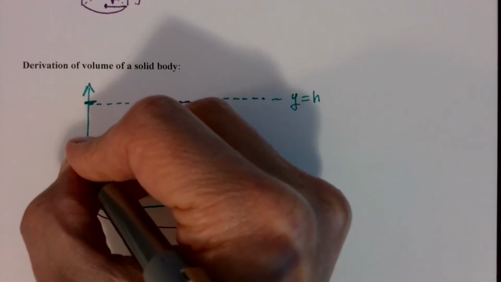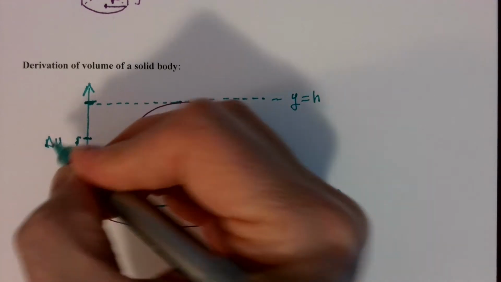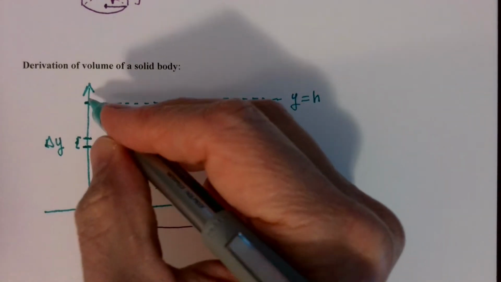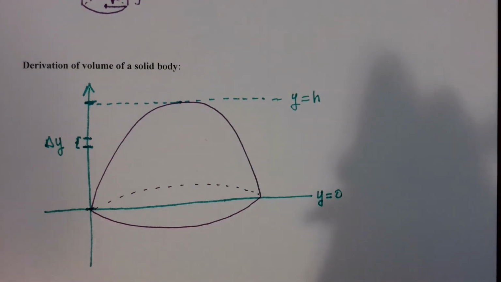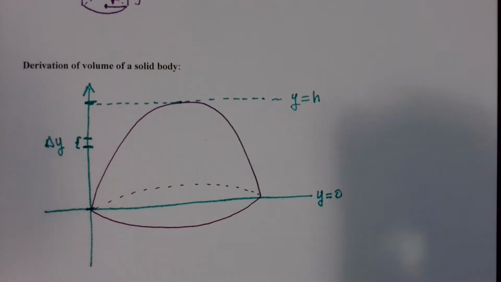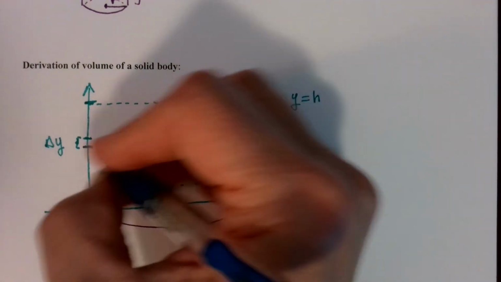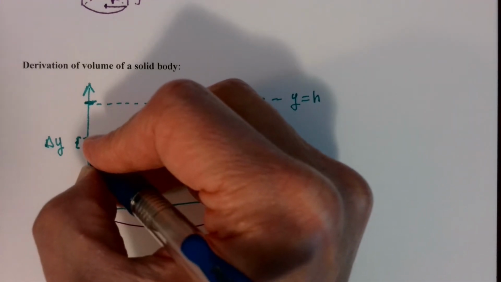Since each has the same width, we're going to call that width delta y, because we're integrating with respect to the y-axis in this case. We can pick some arbitrary point in this interval, some y sub i, if you will.